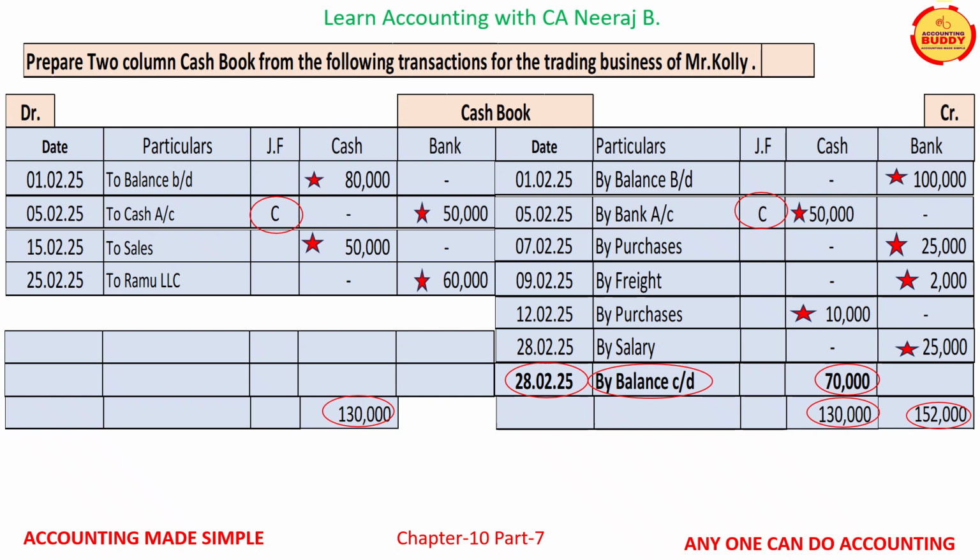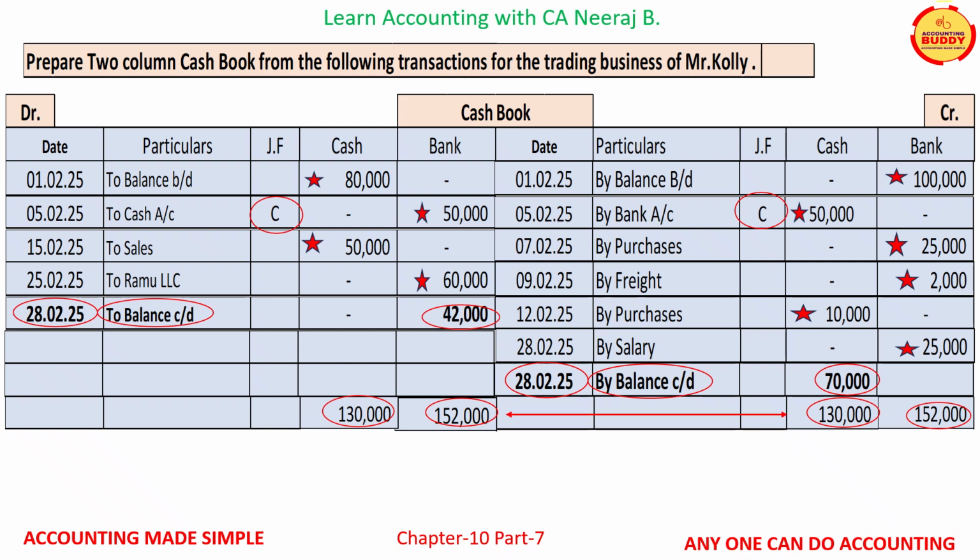Now if we deduct all the bank column transactions on the left hand debit side from the total of the bank column on the right hand credit side, we are left with a balance of $42,000, which will be the closing balance of the bank overdraft as on the last day of February, that is 28th February 25, and will be written as "to balance carried down" on the left hand debit side of the cash book. Therefore, the total of the bank column on the left hand debit side will also become $152,000. Thus the cash book is said to be balanced.